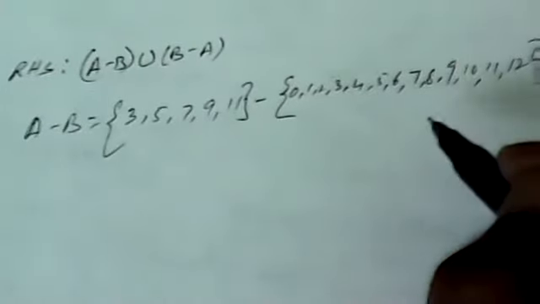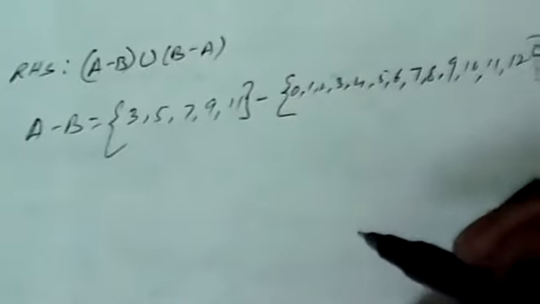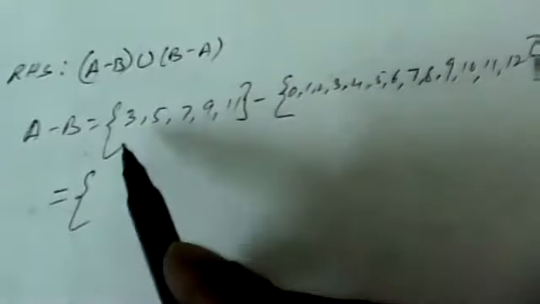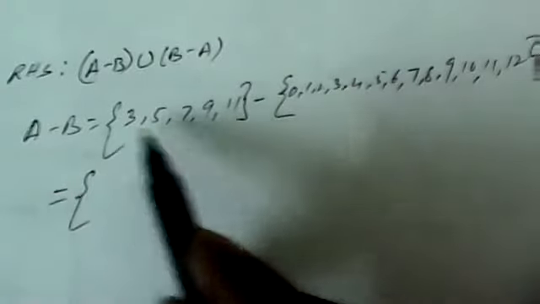Okay, this is what we have. So A minus B we have to find out. We have to bother about only the elements of A, and it should contain the elements that are in A and not in B.